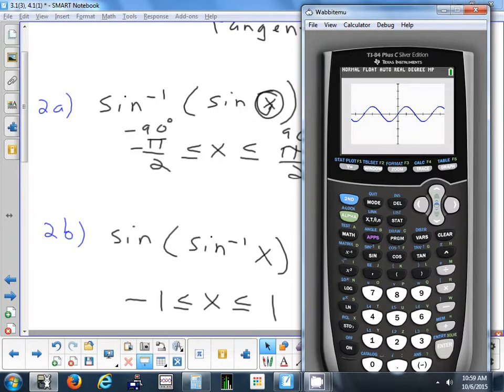So when I typed in 1.2 and I got an error, I was asking this question: where does the red line hit the blue curve? Never. If I go above 1, the red line never hits the blue curve. That's why there was no answer to that problem. It's only going to hit between negative 1 and 1, anywhere in there.